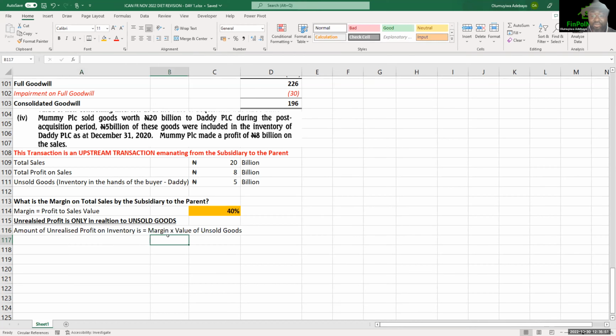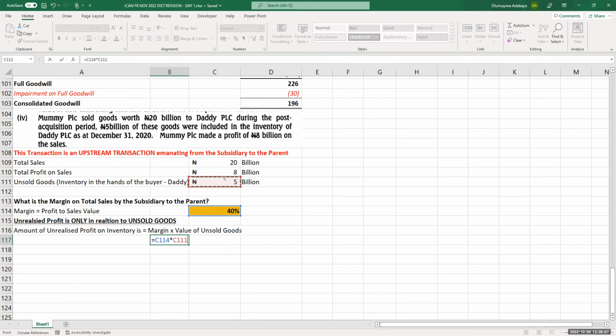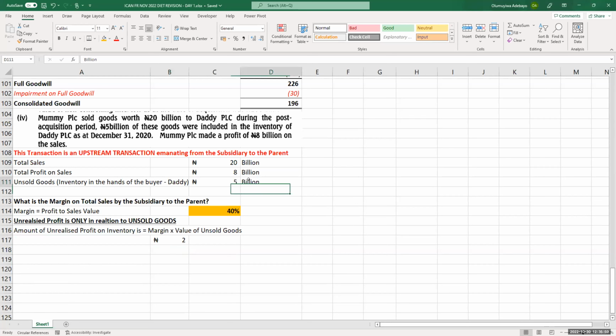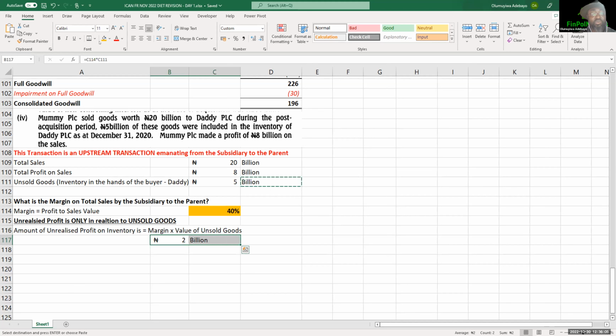And what is that? It is 40% of 5 billion, which is 2 billion. Therefore, in that case, the unrealized profit is 2 billion. Any question on this? Okay.